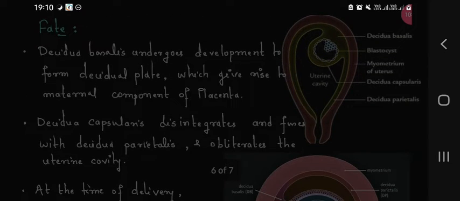Fate. Decidua basalis undergoes development to form decidual plate which gives rise to maternal component of placenta. Decidua capsularis disintegrates and fuses with decidua parietalis and obliterates the uterine cavity. Decidua basalis, blastocyst, myometrium of uterus, decidua capsularis, and decidua parietalis.